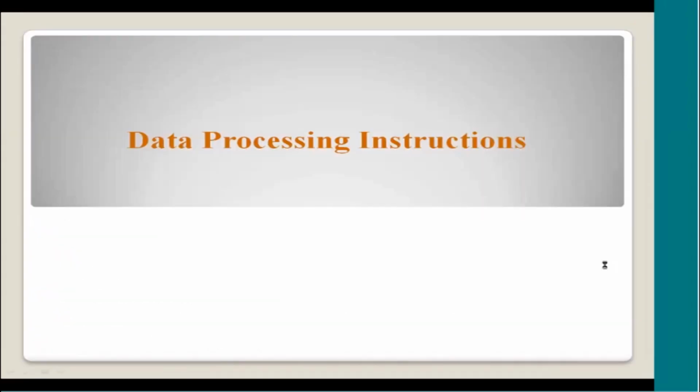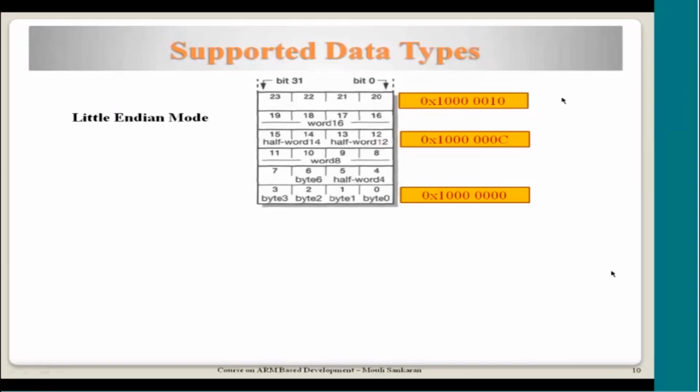Now let us see what data processing instructions are. If you are manipulating data, we have to see what kind of data we get from the memory. Again, that depends on the way it is stored in the memory.